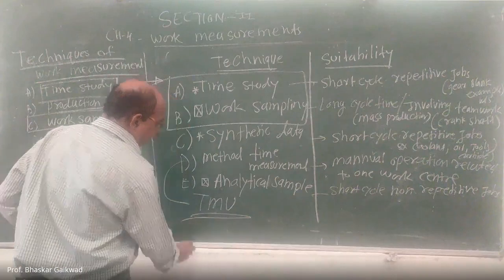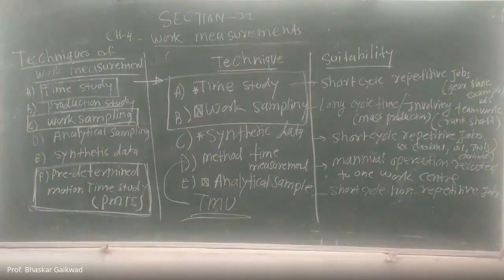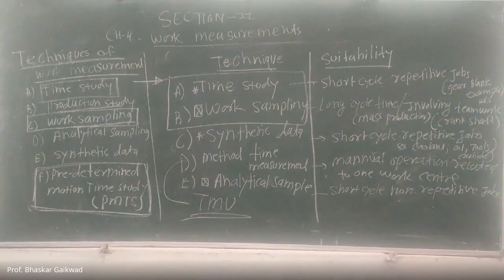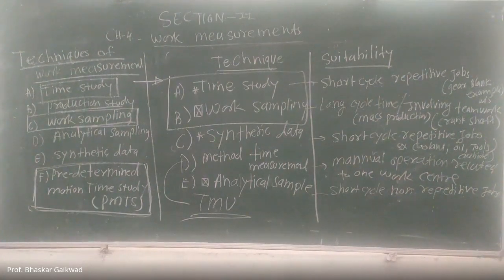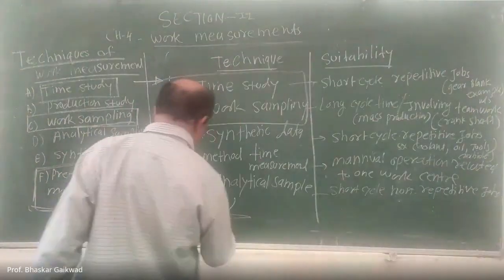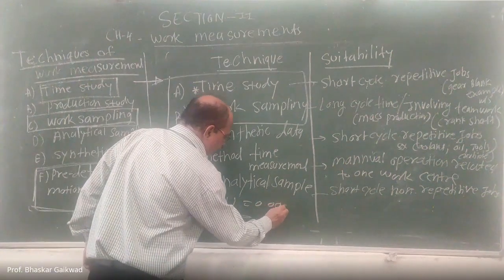Where manual work is there, we can use the unit TMU, which means time measurement unit. So one time measurement unit is equal to 0.006 minutes.